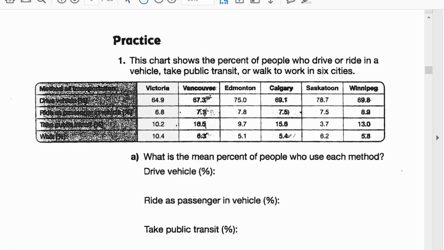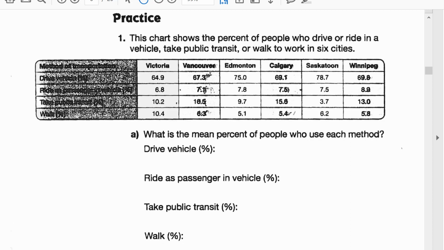The chart shows the percent of people who drive or ride in a vehicle, take public transit, or walk to work in cities. I'll write the side on the side here: drive, passenger vehicle, public transit, and walk.